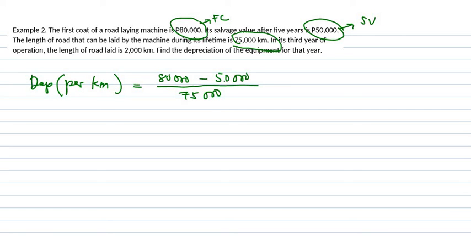That is the capacity. So if we compute this depreciation per kilometer, that is equivalent to 0.4.